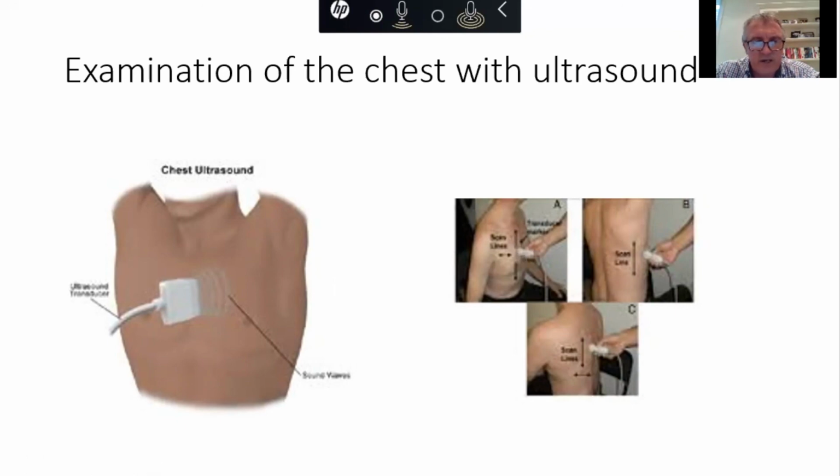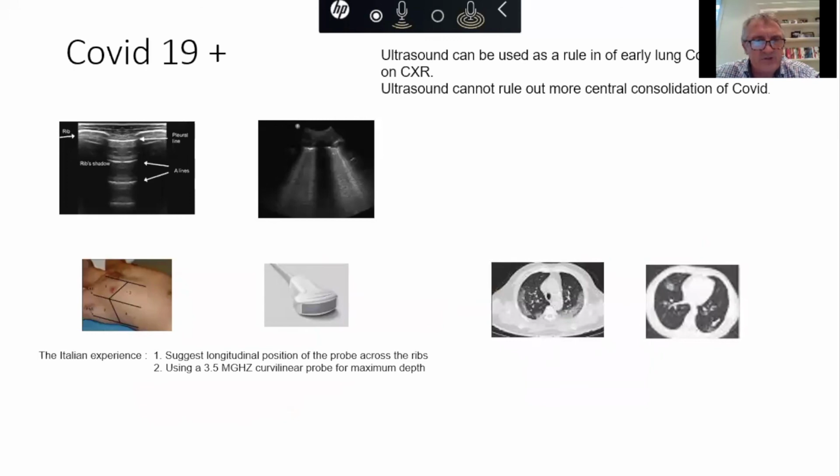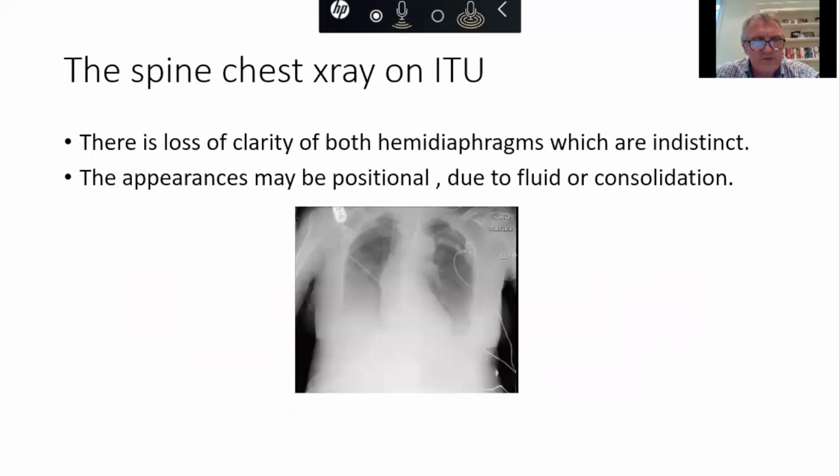And you can either do it intercostally, which is my preferred method, or transcostally, i.e. across the ribs. And it's been extremely useful in this pandemic, COVID-19, for picking up early lung COVID changes. We don't use CT for diagnosis. We use ultrasound and chest X-ray in clinical, and we use CT for complications. And extremely useful for the chest X-ray on ITU.